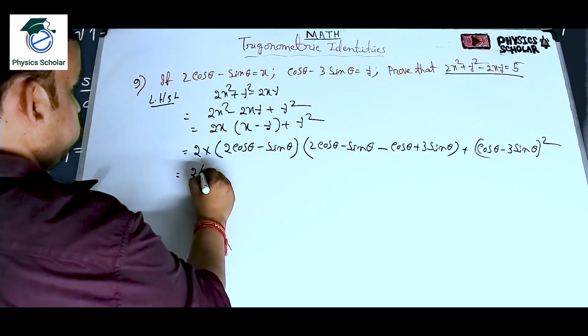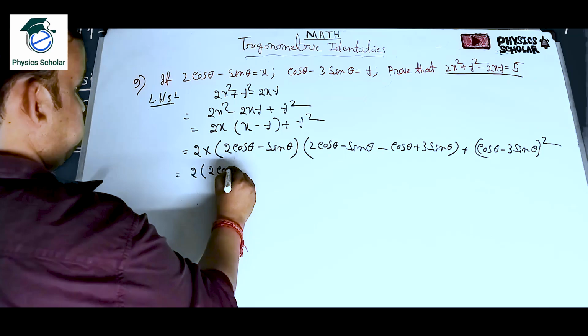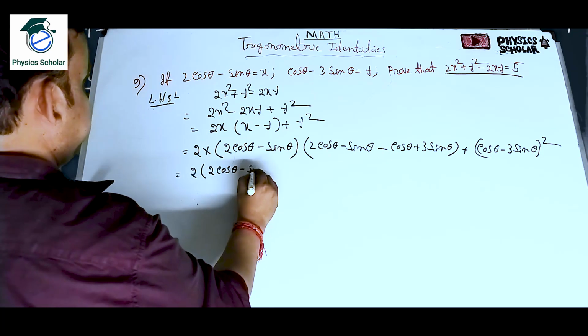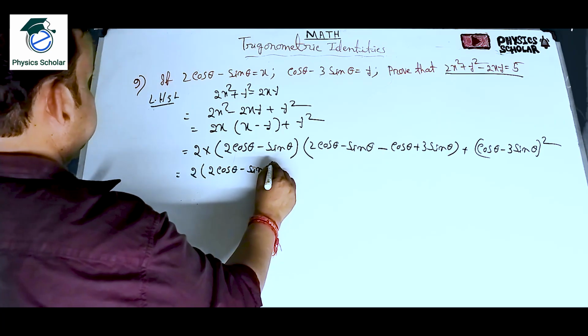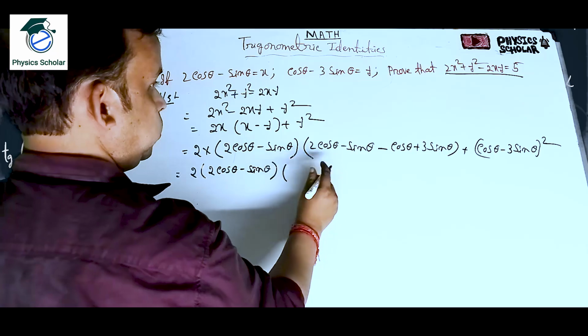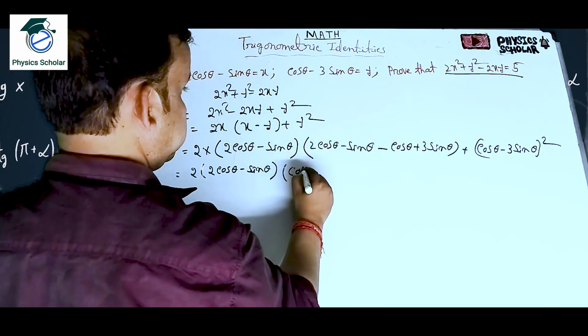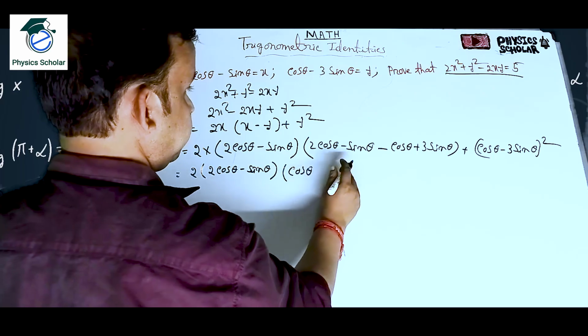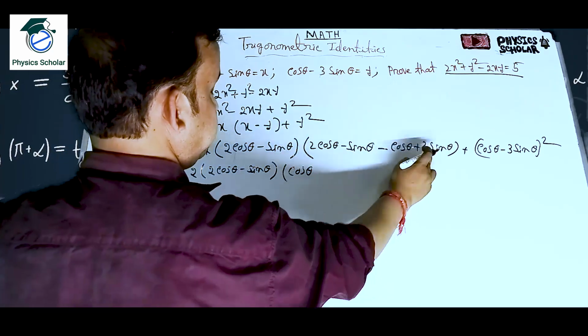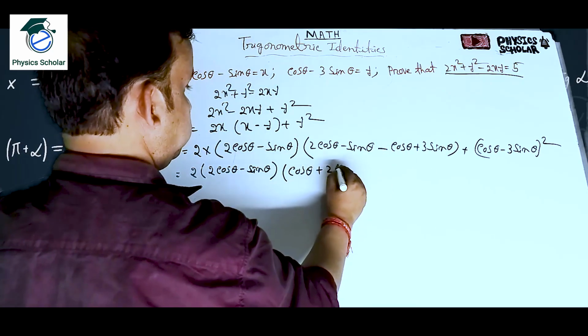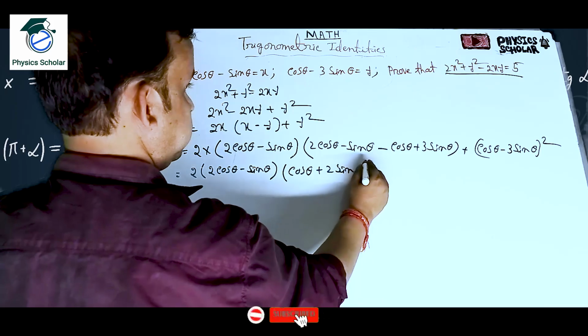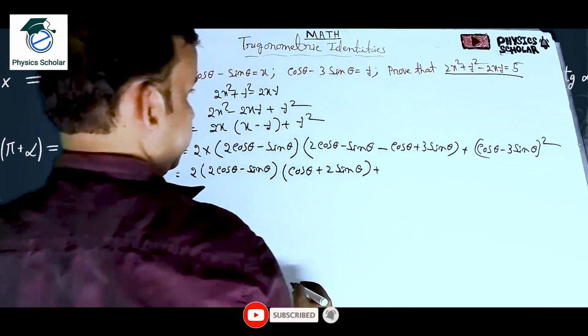Okay. Now what is given? 2 into what? 2 cos theta minus sin theta, clear, into here 2 cos theta minus cos theta, that means cos theta, okay, and minus sin theta plus 3 sin theta, that means plus 2 sin theta, clear, plus it is what?